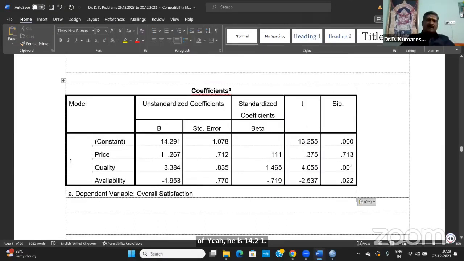B1 is 0.267. B2 is greater. B3 is negative.